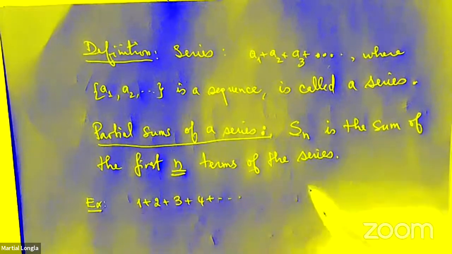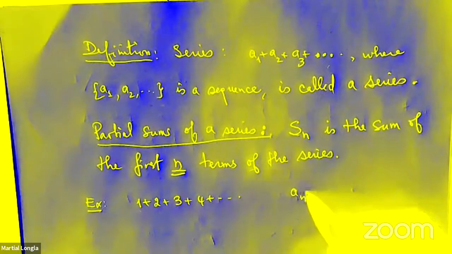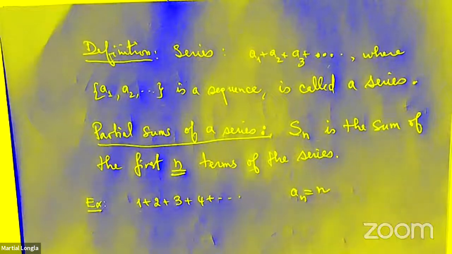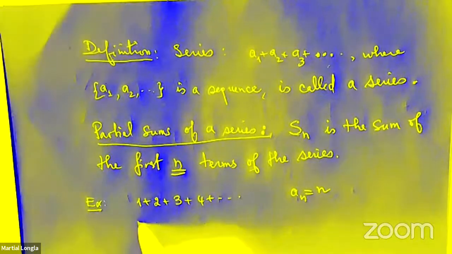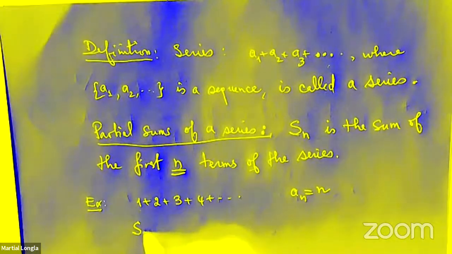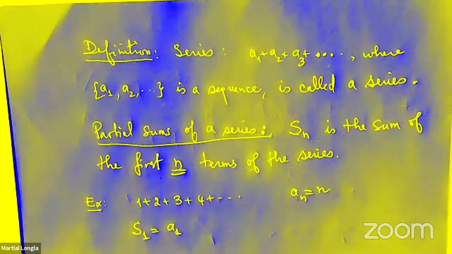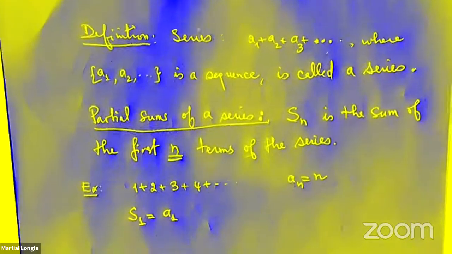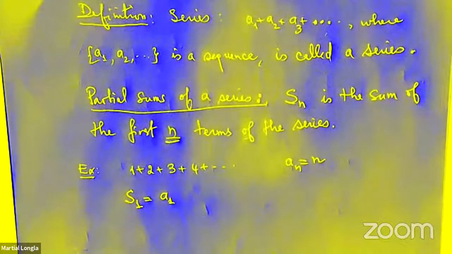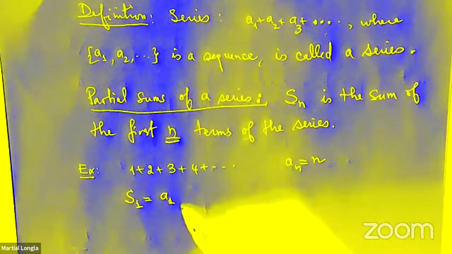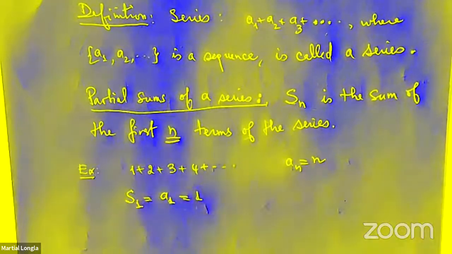So here, let's just say an is equal to n, right? And so what is S1? S1 is A1. S1 is the sum of the first number. It's just one number. So that's A1. That is going to be 1.